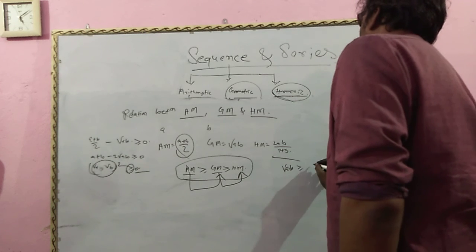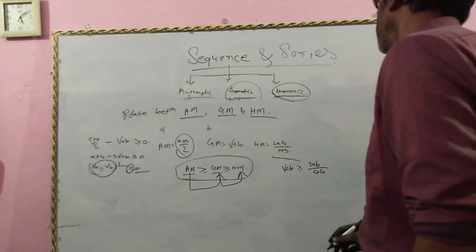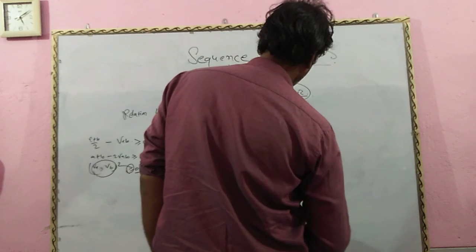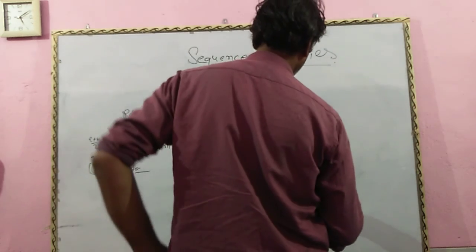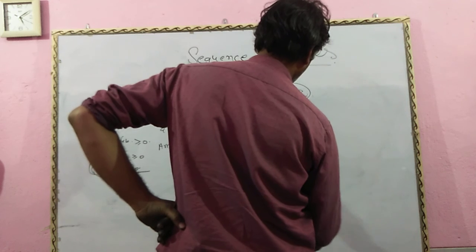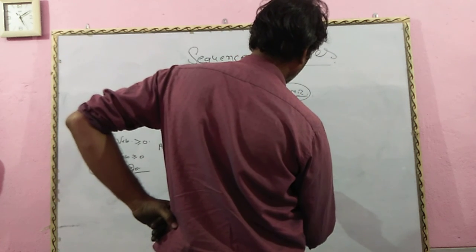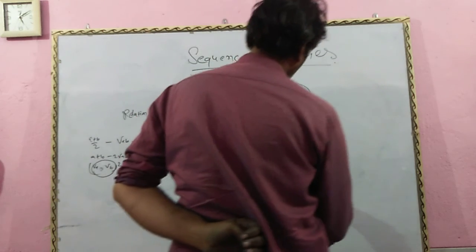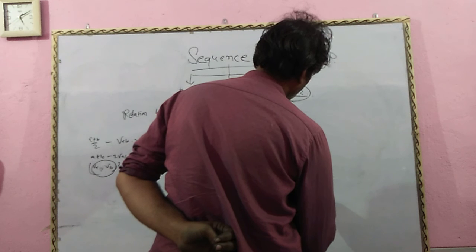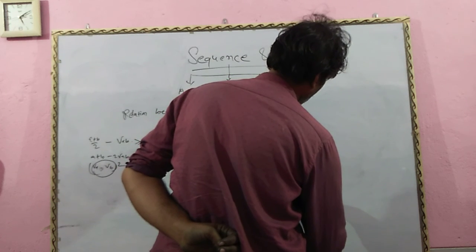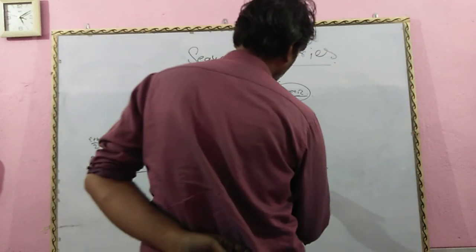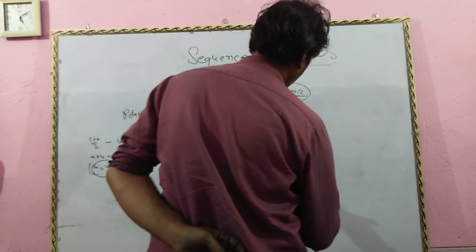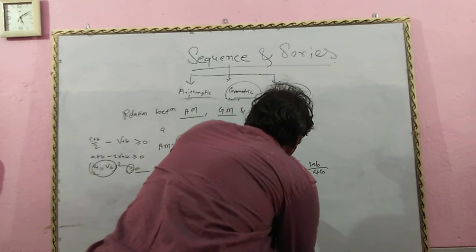If this is greater than or equal to harmonic mean, twice AB upon A plus B, you can divide by root AB, means 1 is greater than or equal to twice root AB upon A plus B. You can subtract the same number from both sides, means 1 minus 1 is greater than or equal to 1 minus twice root AB upon A plus B. If you do minus, then the sign will change, less than or equal to, and if you add 1 to both sides, then the sign will remain as it was before.